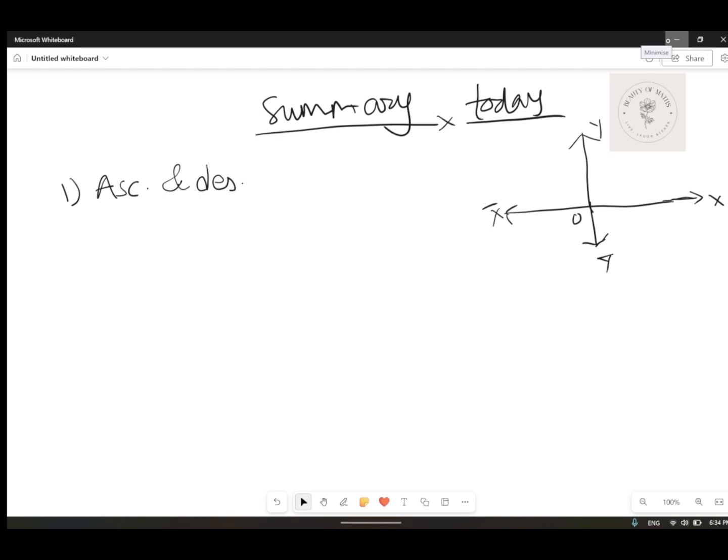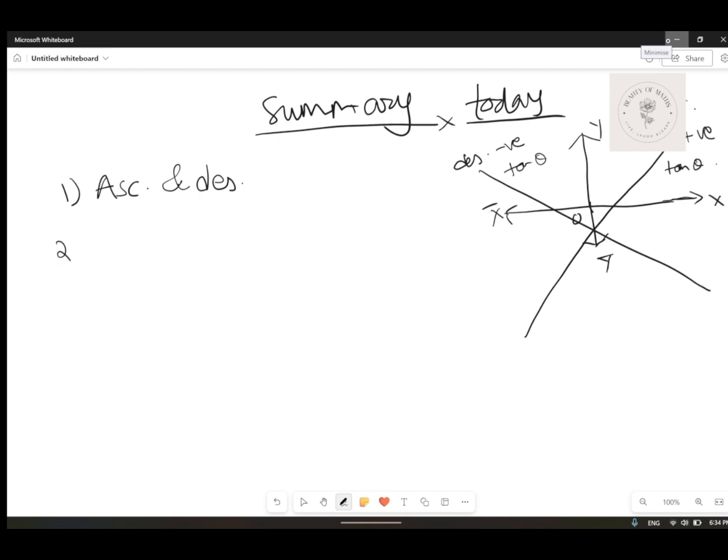Either they go like this or they go like this. Okay? So this is ascending, this is descending. It has a positive slope because tan theta is positive here. It has a negative slope because tan theta is negative here.